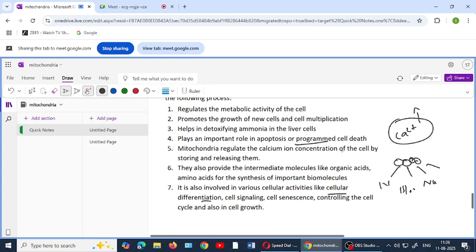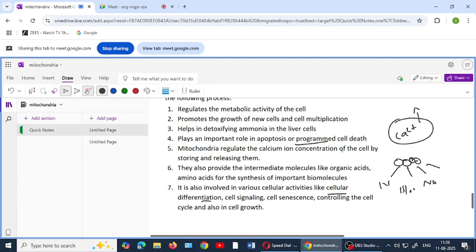Cell senescence means the cell will not divide, but it will not die. That condition is called cell senescence. Normally at the mature stage, cell will divide and give rise to new cells. But here cell will not divide and it will not die. That condition is called cell senescence.